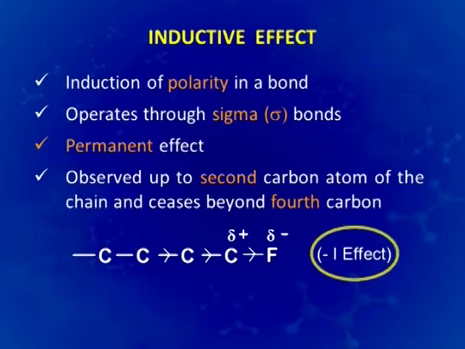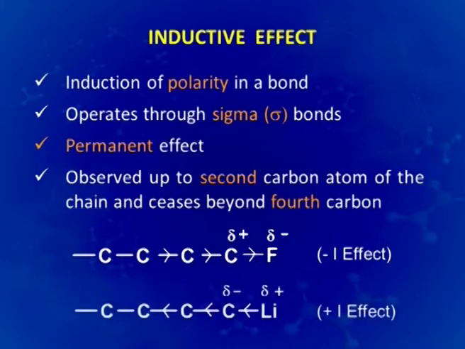Why? Because here the electronegative atom is attracting electrons towards itself. Now, we take another case where we have an electropositive atom like lithium attached to the alkyl chain. Here what is happening is, lithium being electropositive in nature tries to push electrons towards carbon, making the adjacent carbon slightly negative.